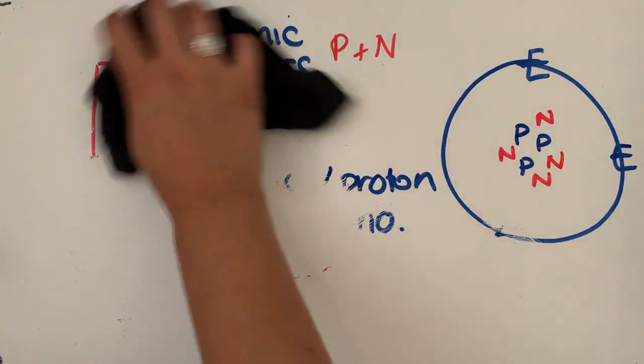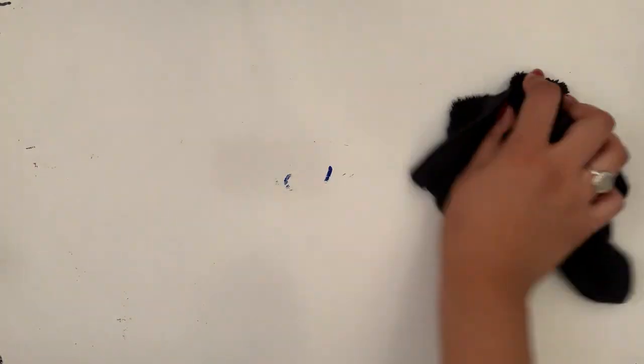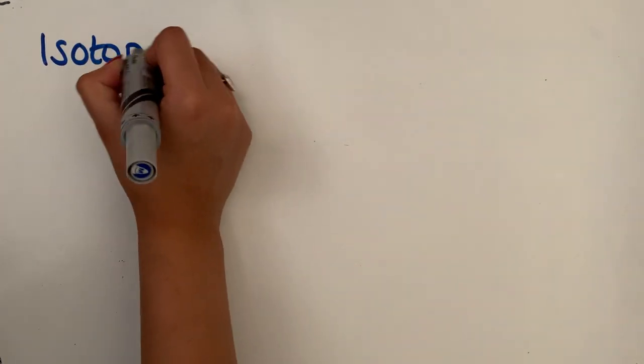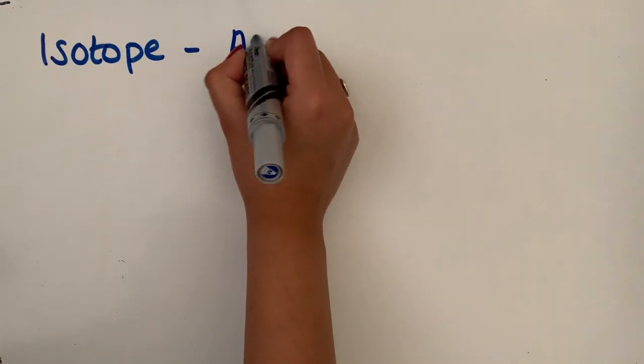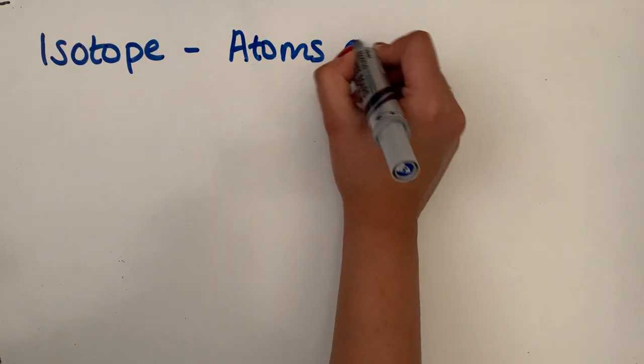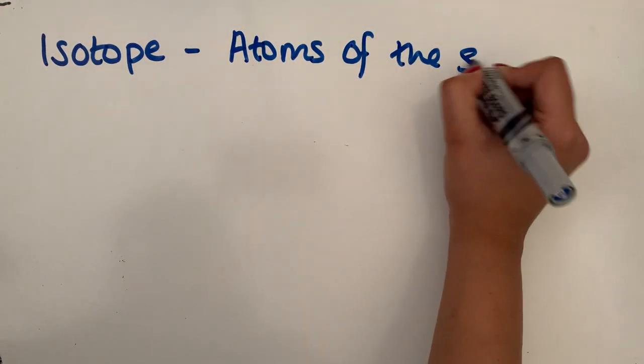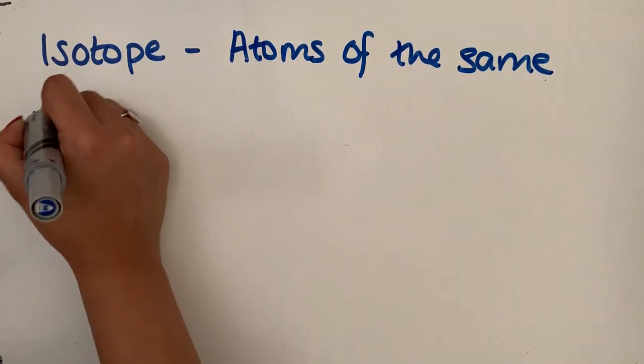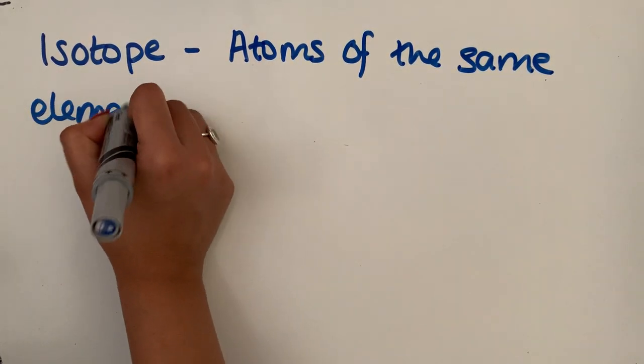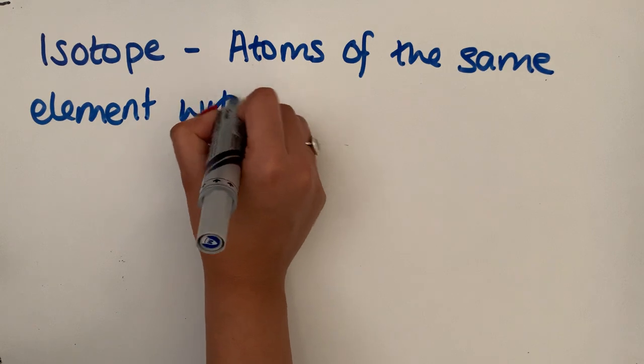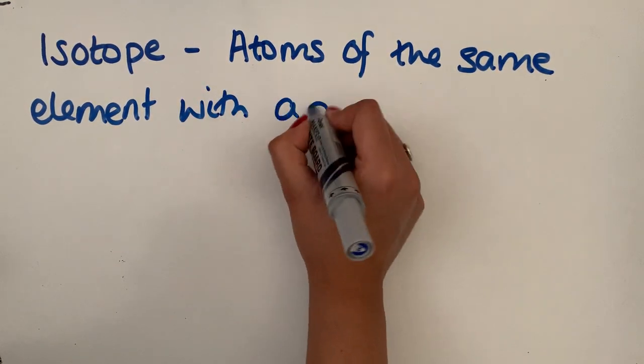Let's have a look at what an isotope is. So again, this is something you would have done back at school. Okay, they are atoms of the same element but with a different number of neutrons.